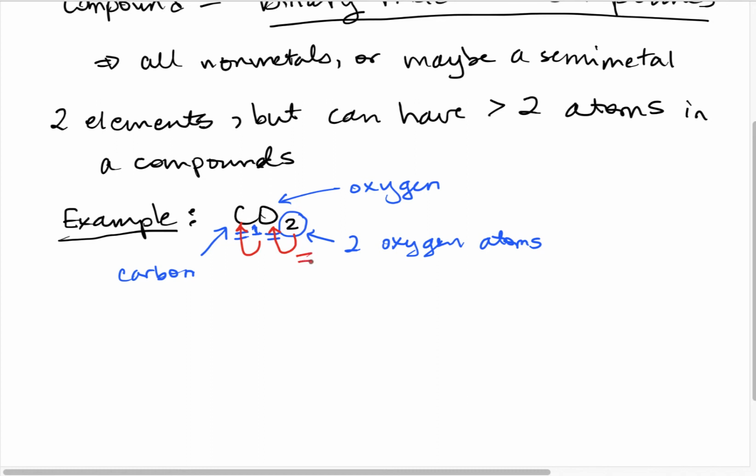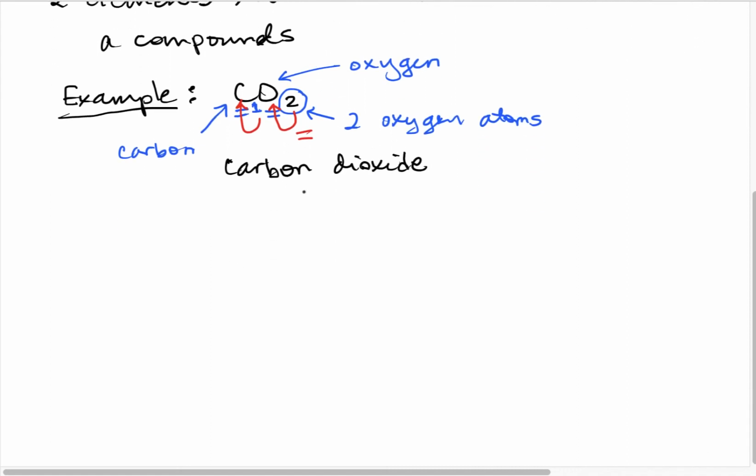The number will always come after the element, the number that is referring to that element. Okay? So if you remember that this is called carbon dioxide, just because you've seen it before, a lot of people talk about it, especially when they talk about global warming and stuff like that. So we talk about carbon dioxide. So this name is probably already familiar.